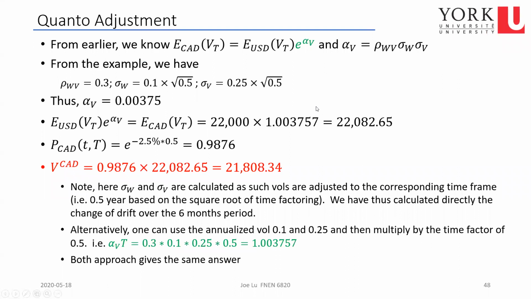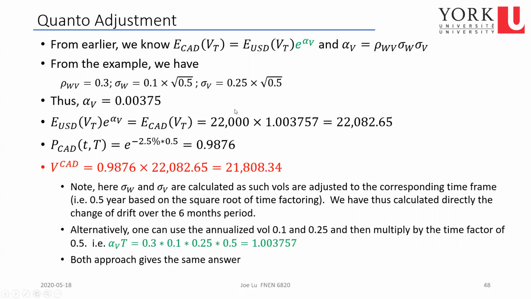Well, we know that to adjust from this expectation to that expectation, we need an adjustment factor, which is equal to this. This is basically a change of the drift. The drift change is alpha, and because we're doing log normal, that's e to the power of this drift change.